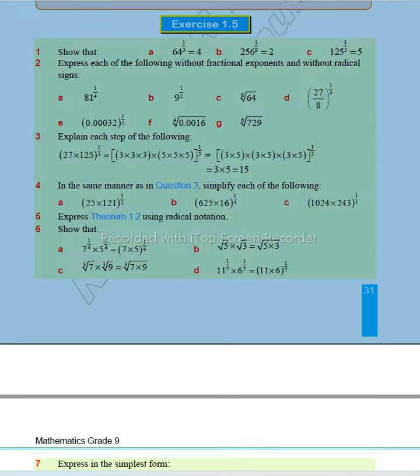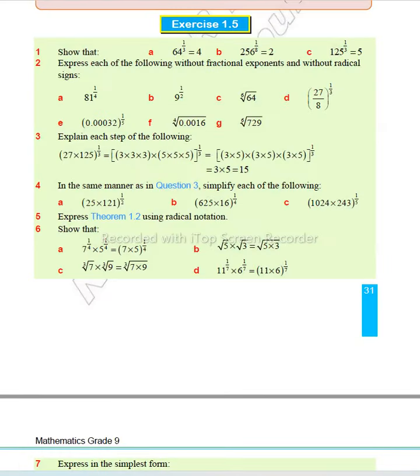In question number 2, express each of the following without fraction, exponent, and without radical sign. Here we have many questions, but we do some of them.